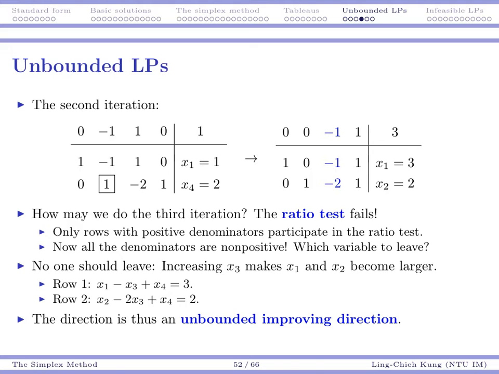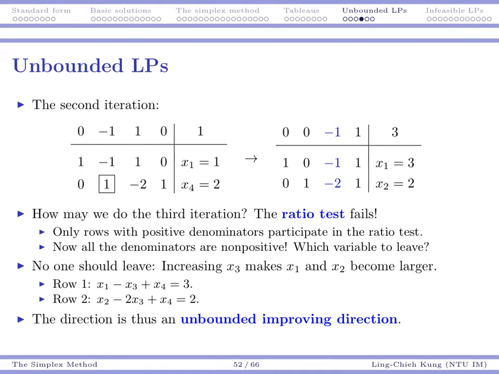Here, you see that x3 has -1 as the reduced cost, so you may want to enter x3. And then when you do the ratio test, immediately you see both denominators are negative. What does that mean? Here we say the ratio test fails because none of the denominators is a positive value.